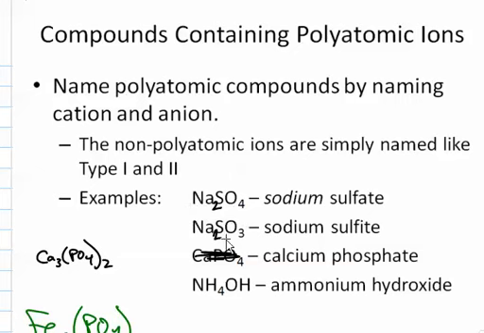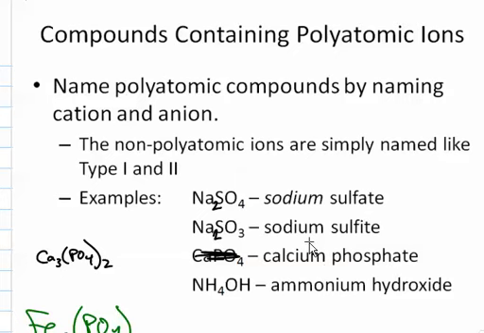We could have a similar compound, Na2SO3, and this differs only in one oxygen, and this SO3 2- is called the sulfite, and so we simply name this sodium sulfite. Similarly, we could have calcium phosphate. Phosphate has a 3- charge.